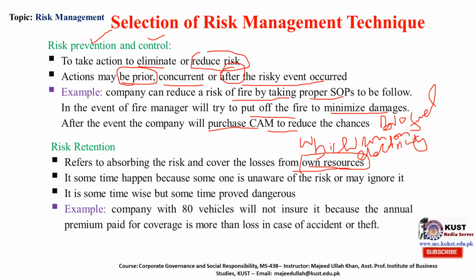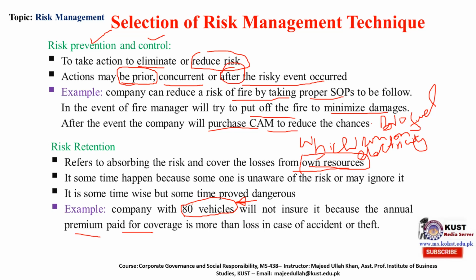For example, a company with 80 vehicles will not insure them because the annual premium paid for the coverage is more than the loss in case of accident or theft. It is improbable. There is very little chance that all 80 vehicles will meet an accident during the year.